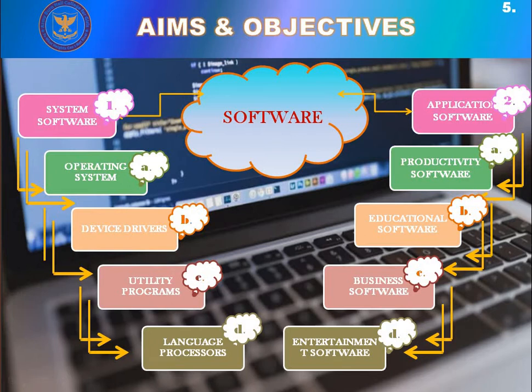The four types of system software are operating system, device drivers, utility programs, and language processors. These are the types which we would, inshallah, cover in today's lecture.